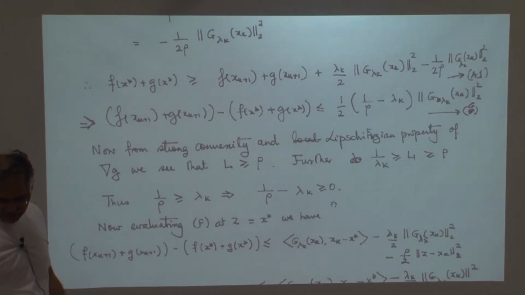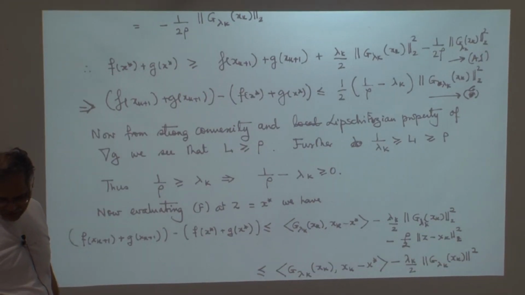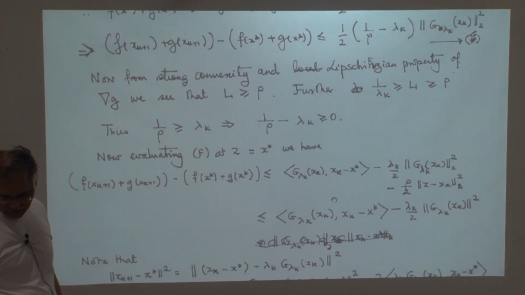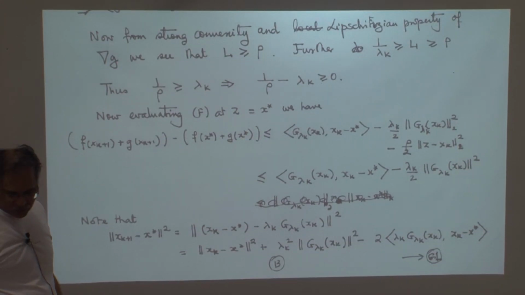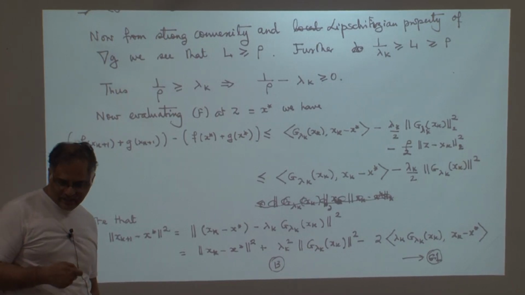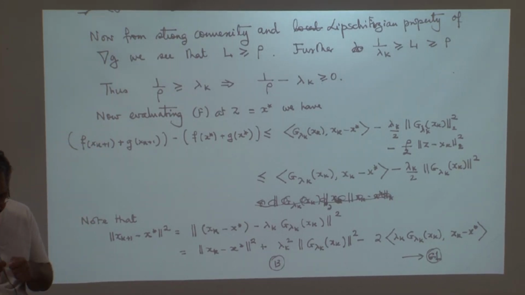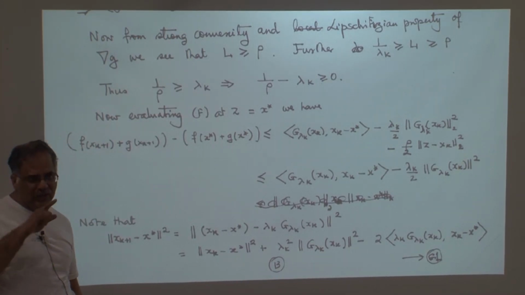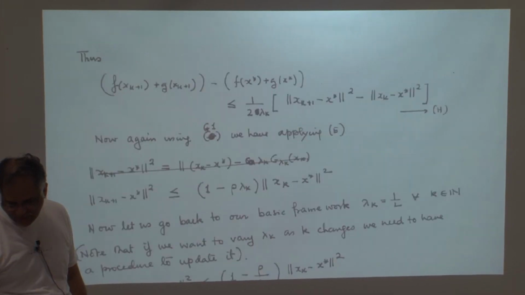So, there are certain relationships that we want to establish, and basically we want to now show that the thing that we generate, xk, actually takes us to the solution. That has been our aim.